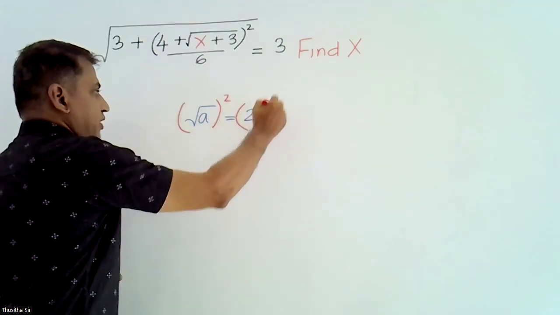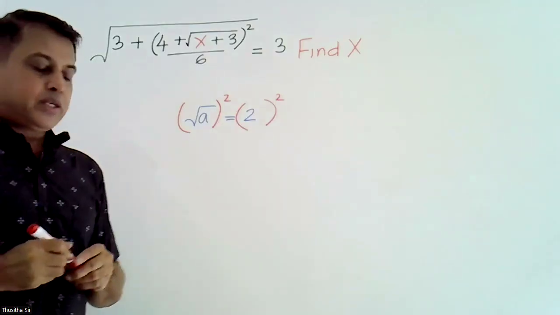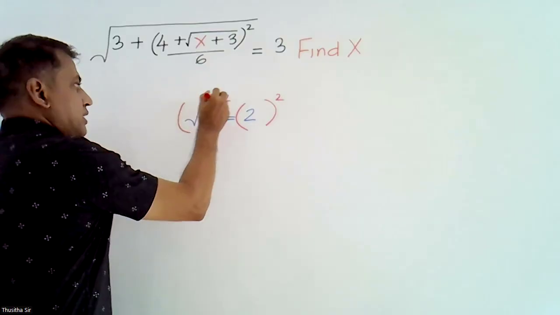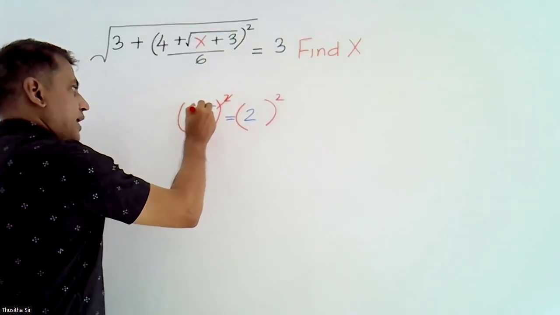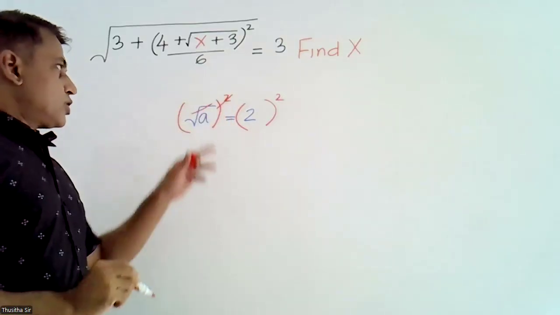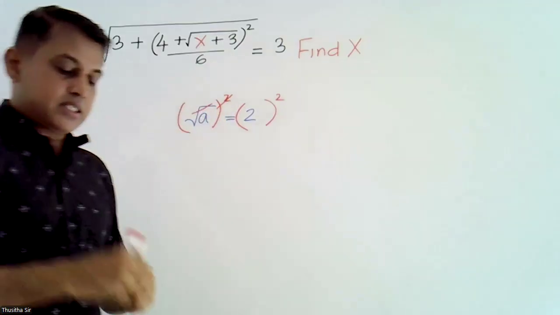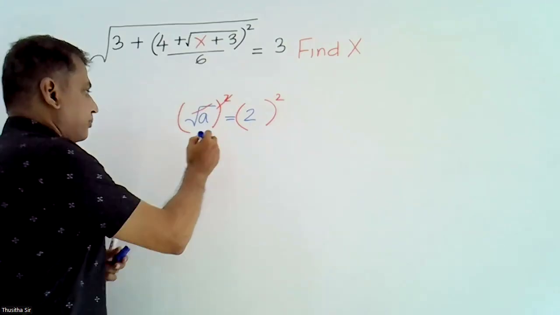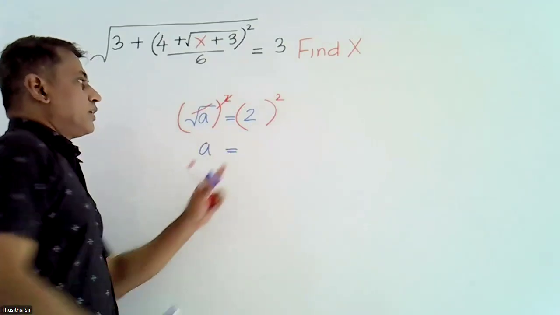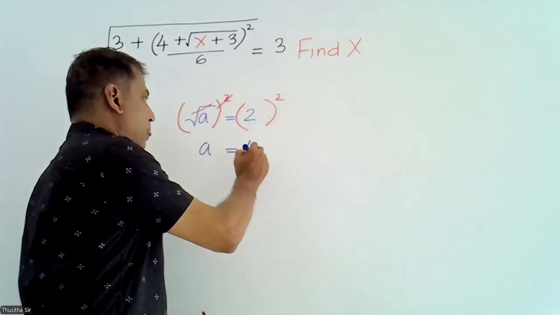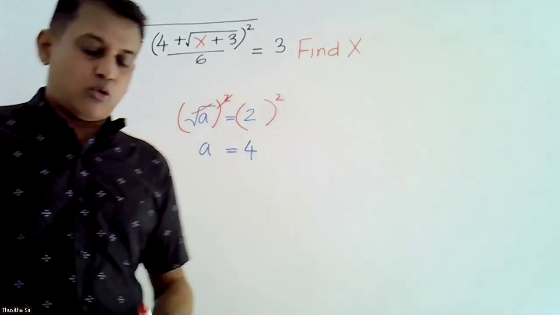But you have to do it for both sides. Now, if you do like this, the square root cancels with the square. What is left is simply a. This side, 2 times 2 is 4. Now a equals 4.